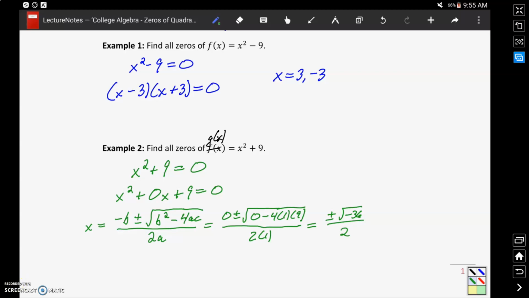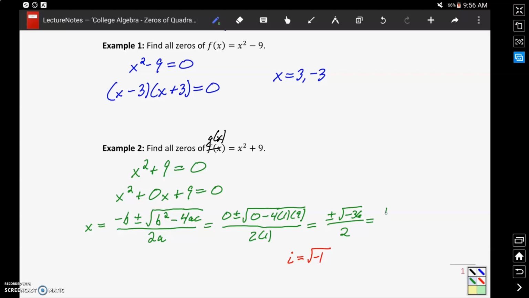If we're only considering real solutions to our function g of x is equal to 0, then at this point we would have no solution since we have the square root of a negative value. However, if we start to consider complex solutions, meaning we let i equal the square root of negative 1, we open this up to have two solutions.